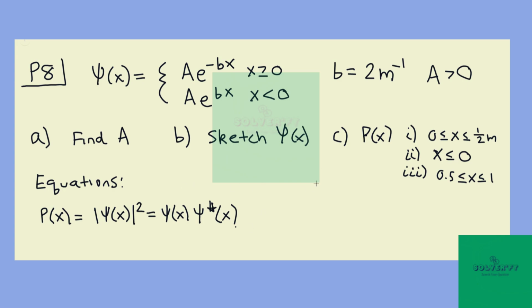And of course, the normalization condition says that when we integrate up this probability density over all space, which in one dimension is just integrating in x, it needs to equal 1. So the probability of locating the particle in all space is 1. That's what normalization says.